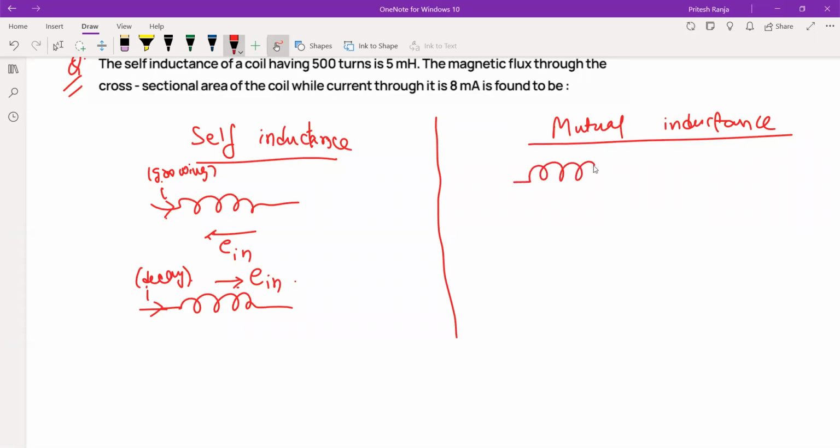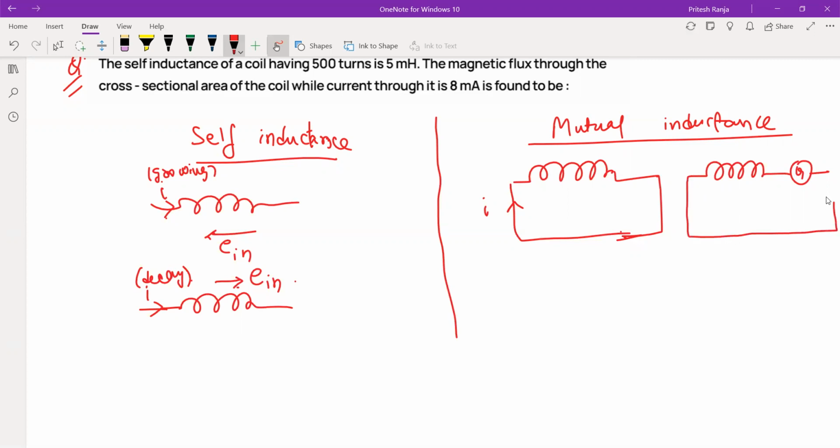Let us suppose this is an inductor coil and current is flowing in it, and parallelly we have another coil which has a galvanometer here, and an inductor connected to it. Why have I attached the galvanometer? So as to sense the induced current. So I have kept it here.